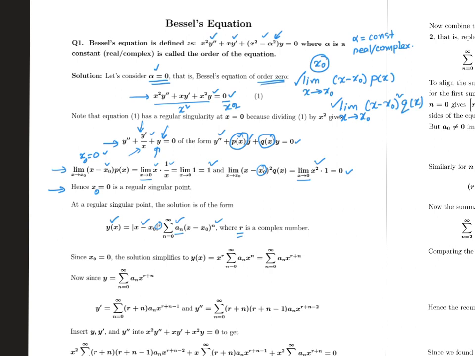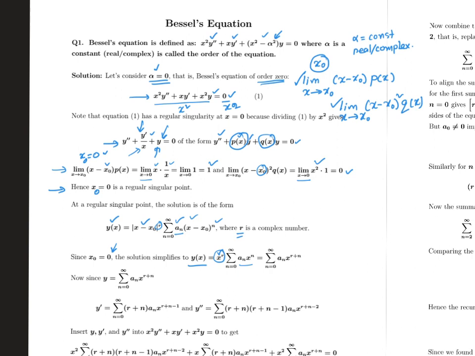If I simplify this by taking into consideration that x naught is 0, it's going to come down to y of x is equal to x to the power r times the summation from n equal to 0 to infinity of a sub n x to the power n.